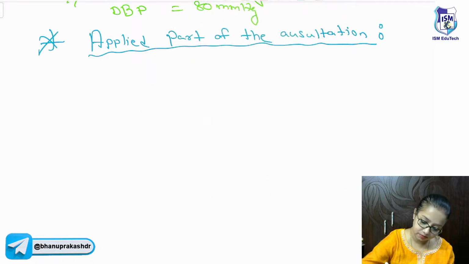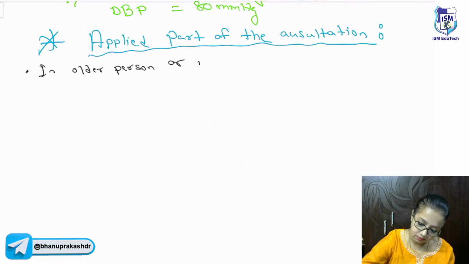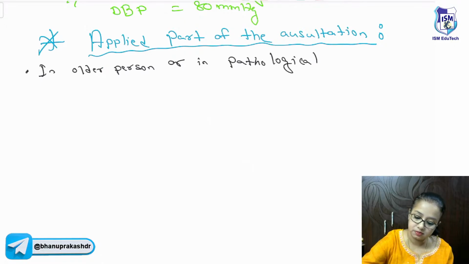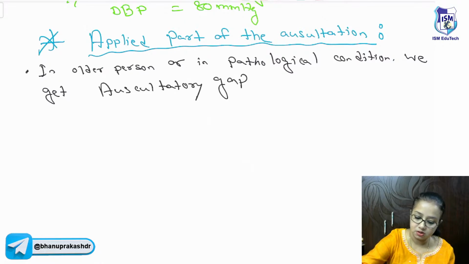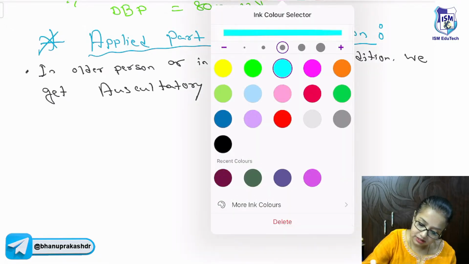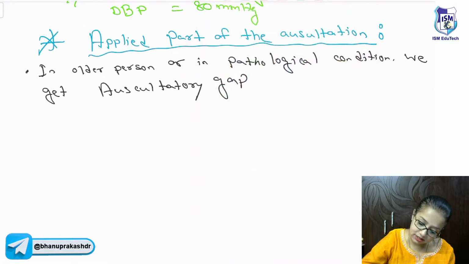In an older person or in a pathological condition, we get auscultatory gap. We get auscultatory gap. Now, what is the auscultatory gap? This auscultatory gap, what does it mean?